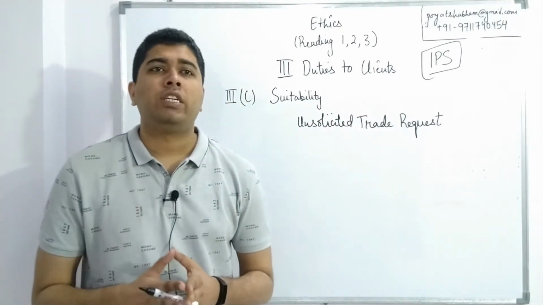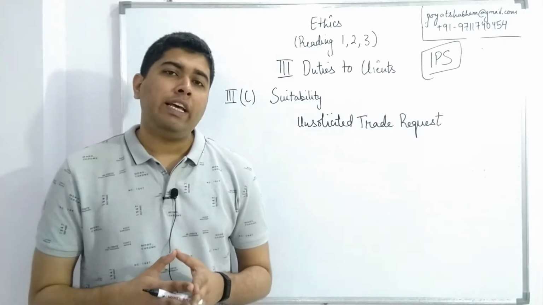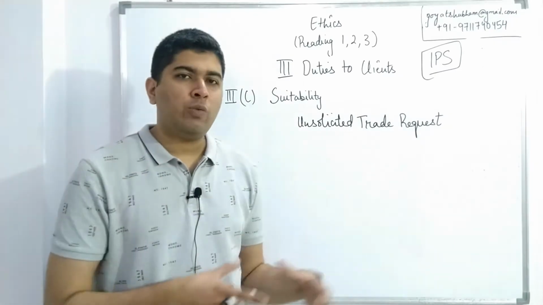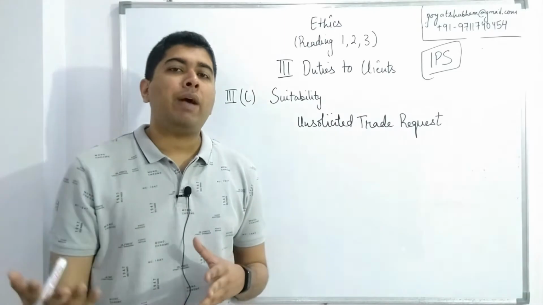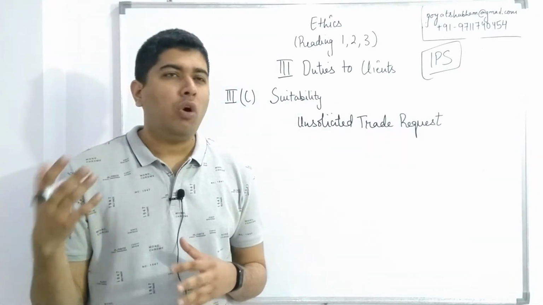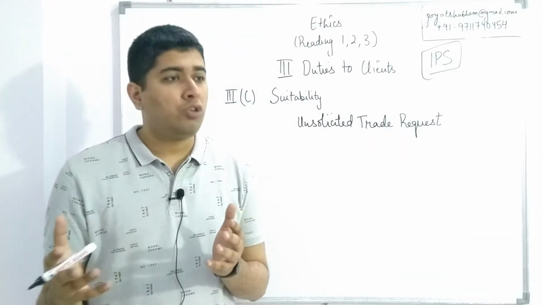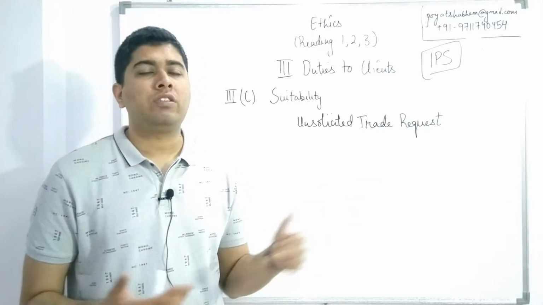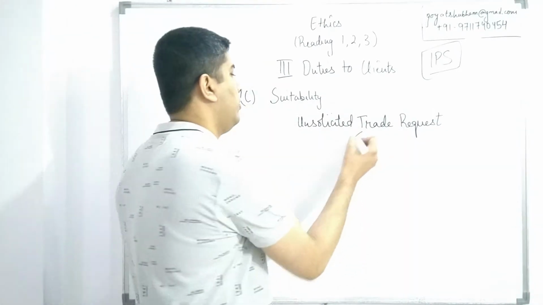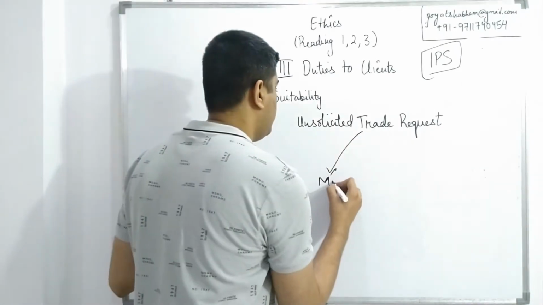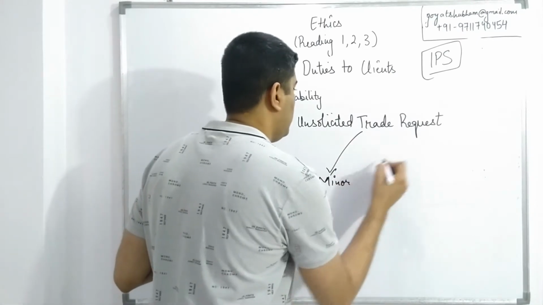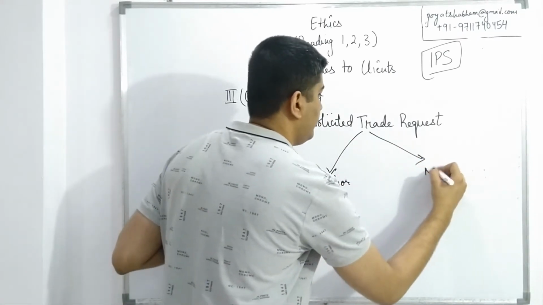So the first criterion for dealing with it is to classify whether such a request has a major impact on the client's overall portfolio or not. So there are two classifications of these requests: minor and major.